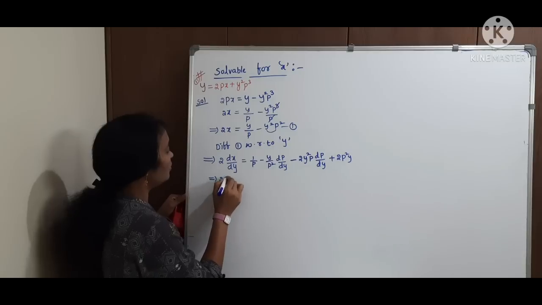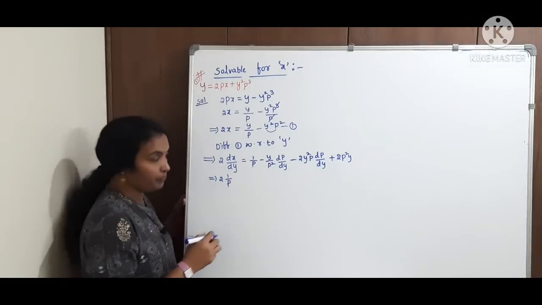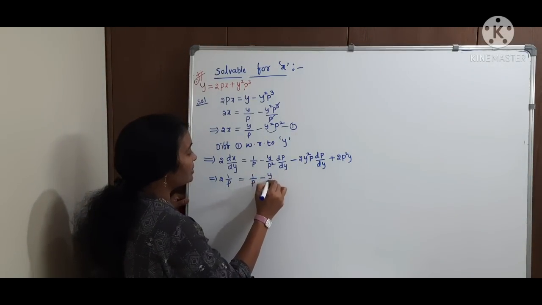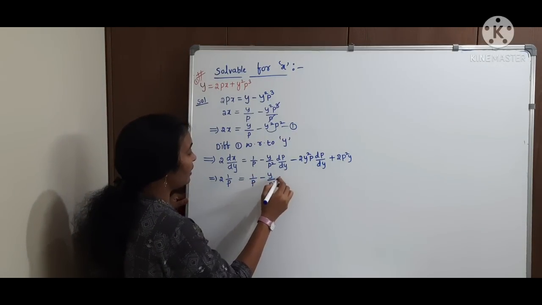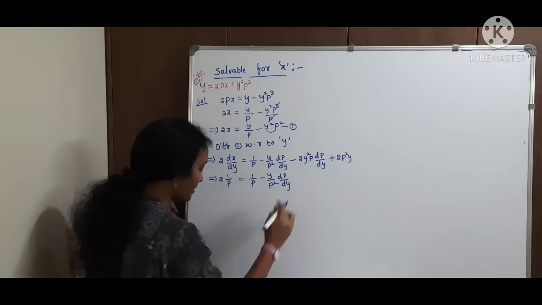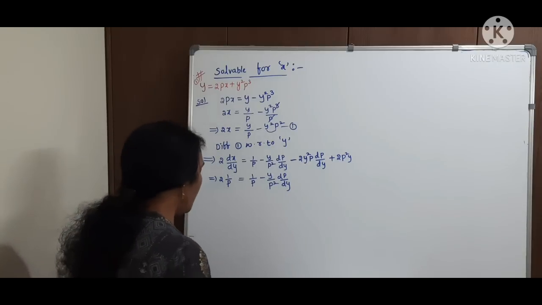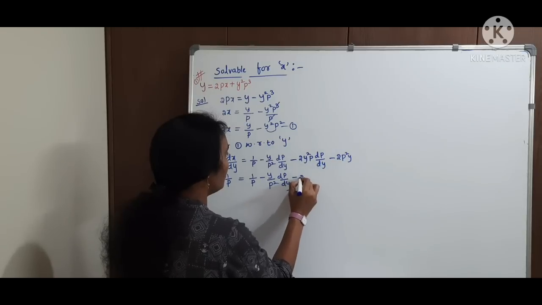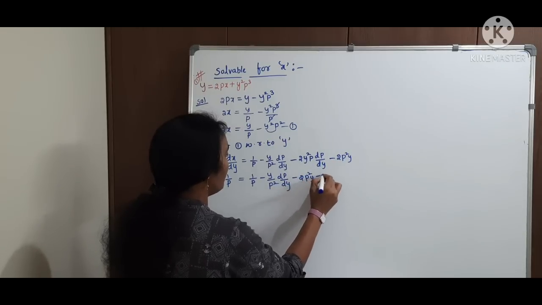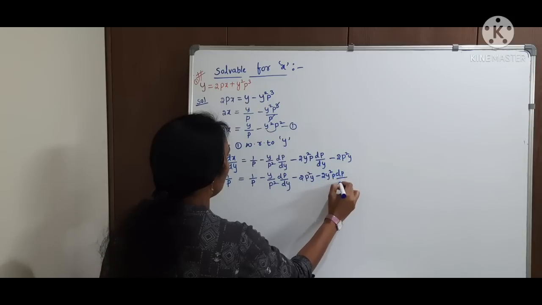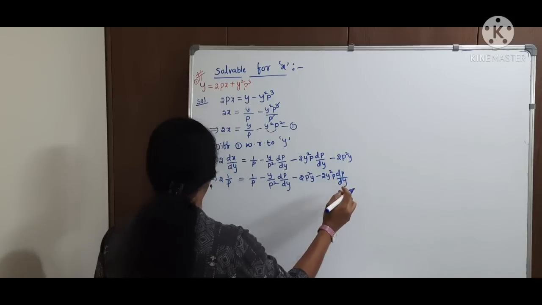2 into 1 upon p is equal to 1 by p minus y by p square dp by dy as it is. Okay, next this is negative కదా ఇందాక, ఇది ముందు రాస్తాను. 2p square y minus 2y square p dp by dy.